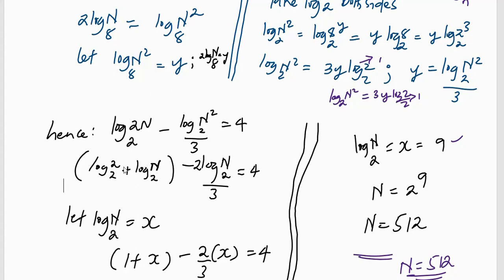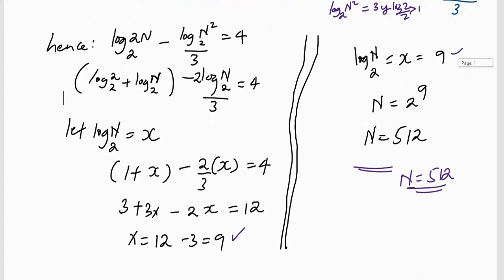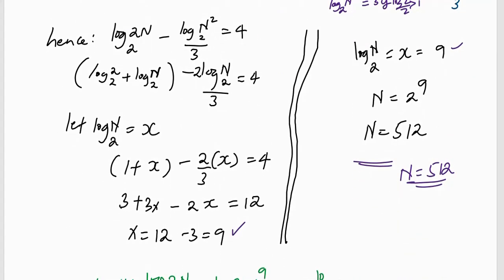When I look at this equation, log n base 2 is an unknown that I cannot proceed with, so I can let it be another unknown, for example, x. Log 2 base 2 is equal to 1, as we have noted according to laws of logarithms. Then this is x minus 2. This log n base 2 is also x, so I can solve for x so that I get the value of x, which is equal to 9.